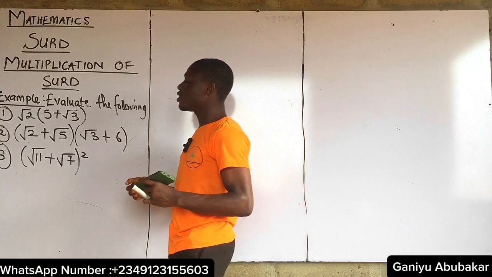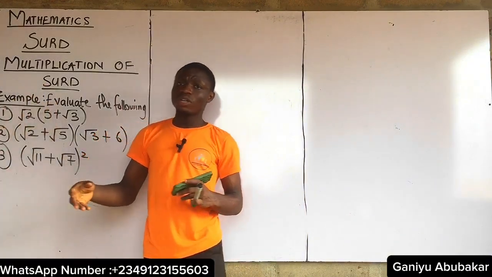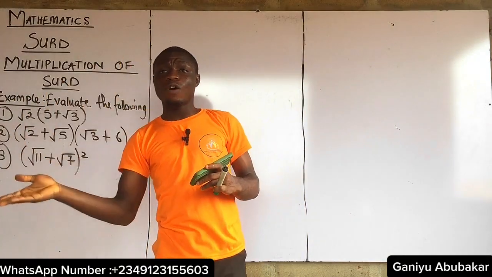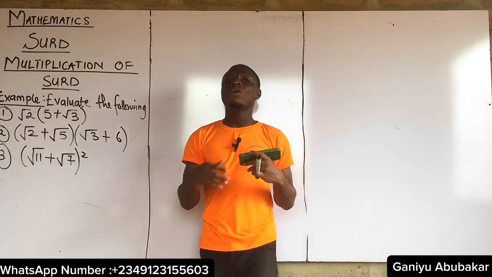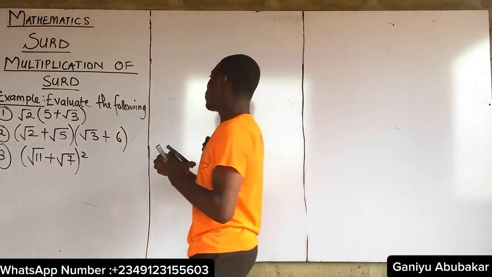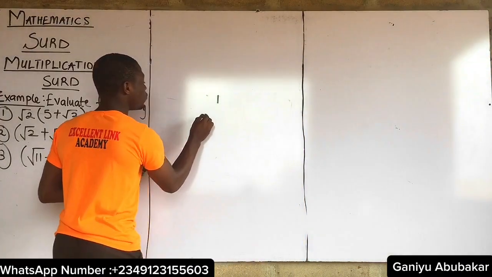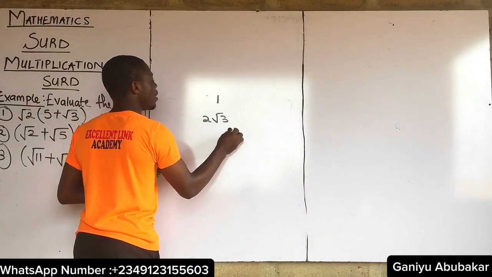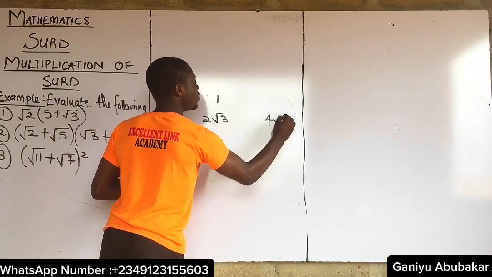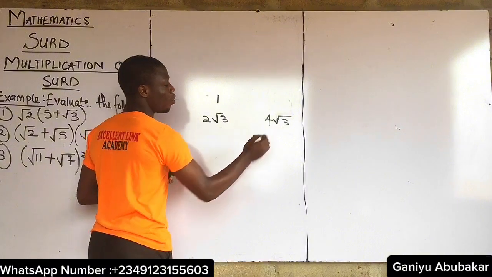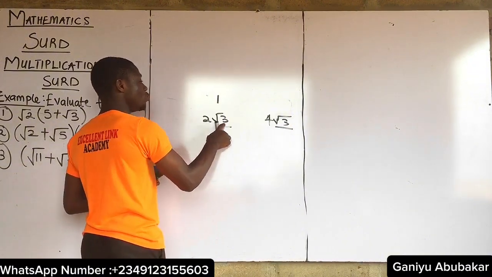First, we said when multiplying surds, they might be similar or not. What do we mean by similar surds? If I have 2 root 3 and 4 root 3, these are similar because they have the same surd, root 3.